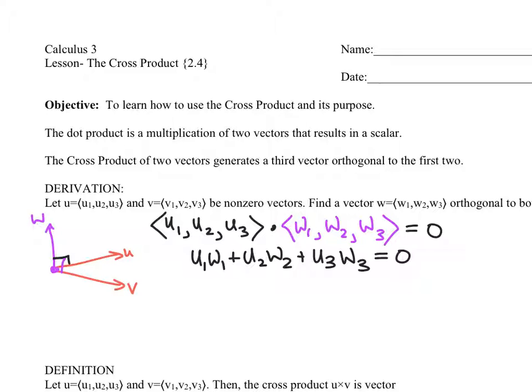But I also have V1, V2, and V3 dotted against vector W. That's also going to give me a 0 as a result.